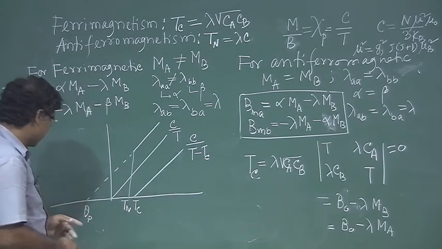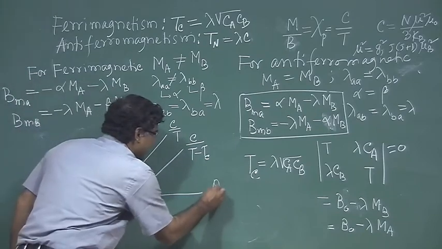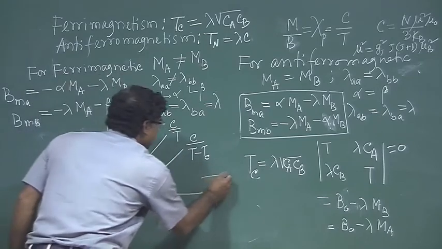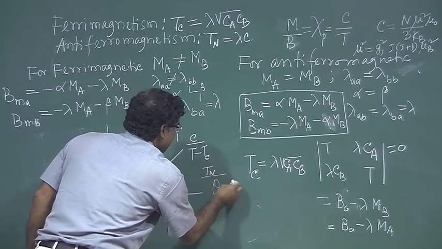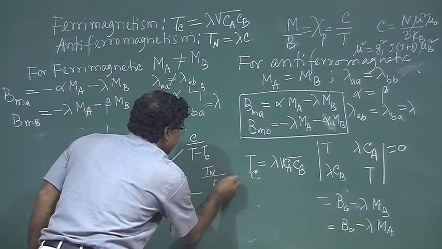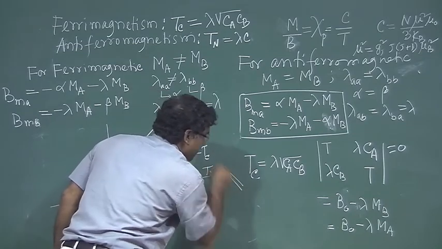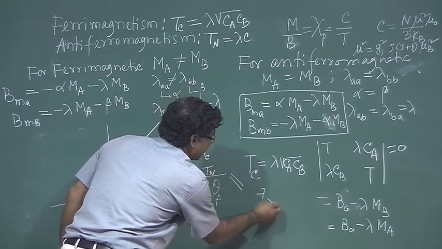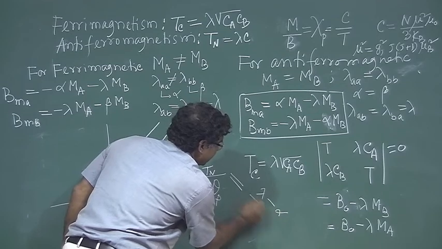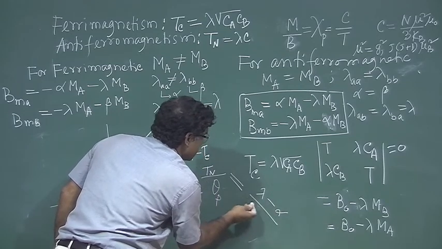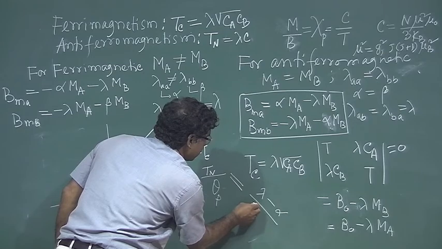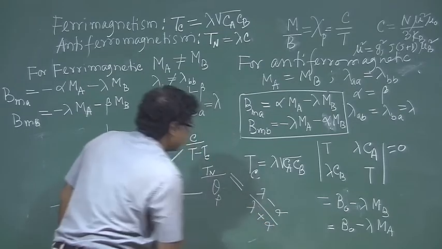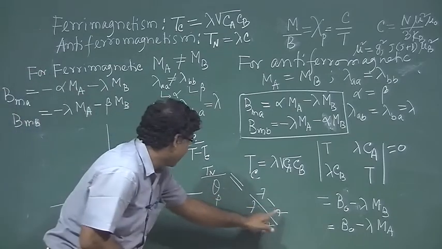If we do not ignore, then one can show that this ratio Tn by theta p is equal to, I guess, lambda minus alpha divided by lambda plus alpha, this kind of thing. If you ignore alpha, then they are the same.